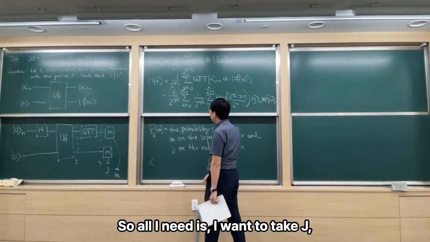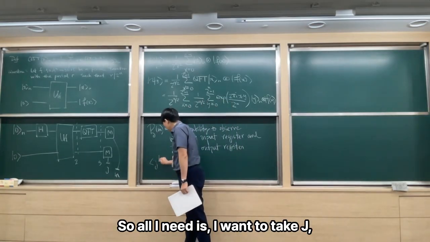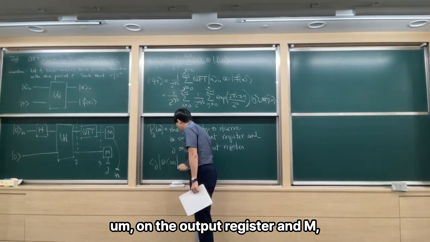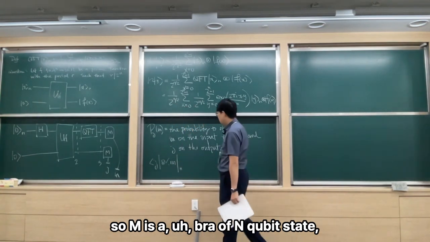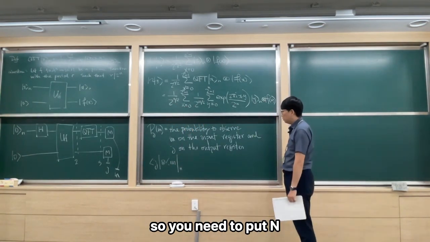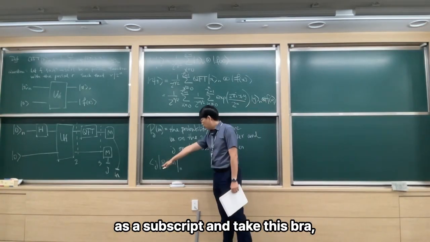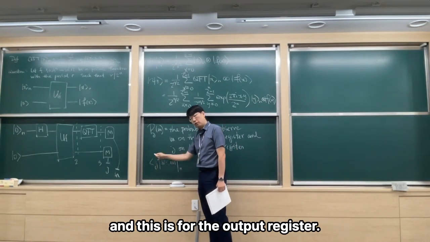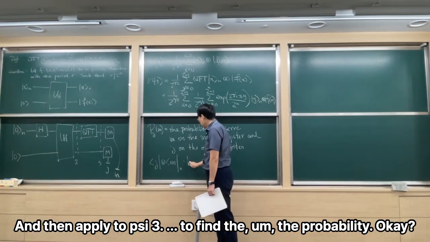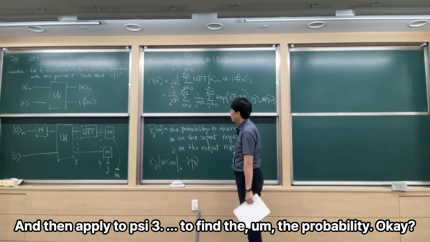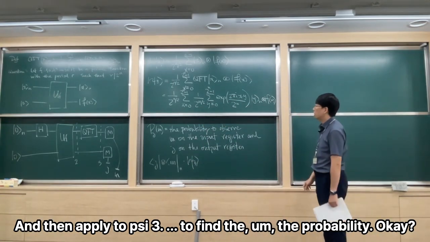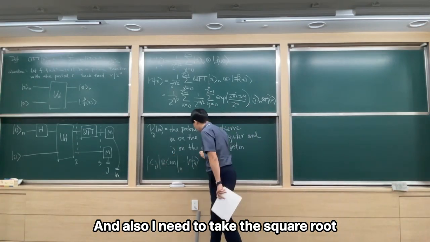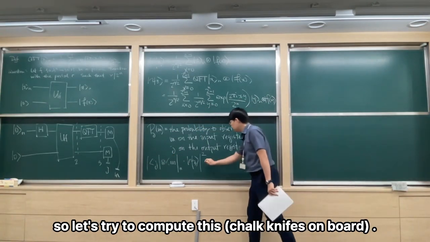I want to take J on the output register and M. M is a bra of an n-qubit state, so I need to put n as a subscript and take this bra, tensor product of bras. This is for the input register and this is for the output register, and then apply it to psi 3 to find the probability. Also I need to take the square. So let's try to compute this.